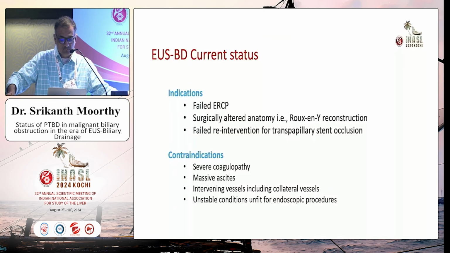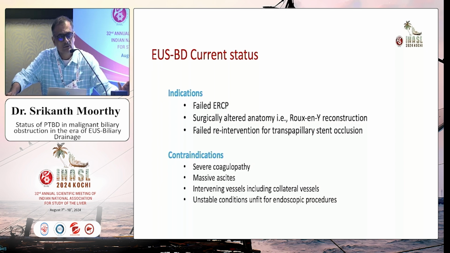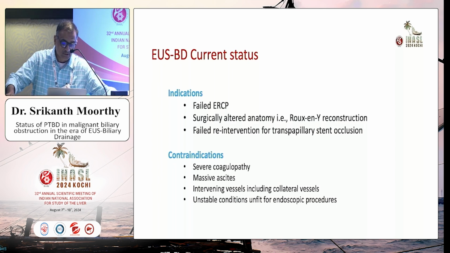So, I think what is in everybody's mind is what is the current indication for endoscopic ultrasound biliary drainage. The first thing that pops up is a primary failed ERCP. That means ERCP fails despite good anatomy due to some technical reason.